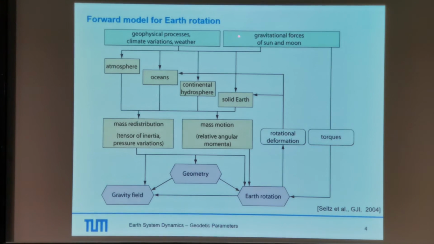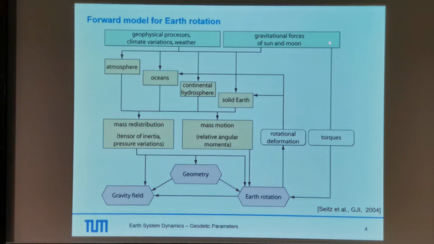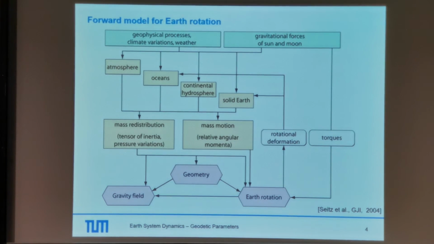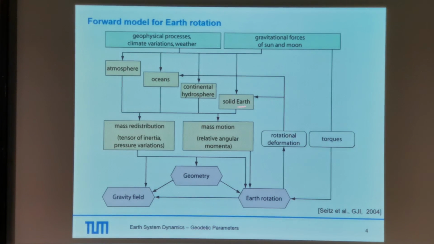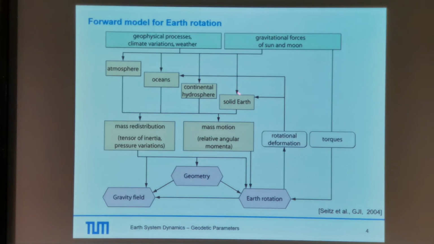But in addition to this, the gravitational forces directly also affect the Earth's rotation via these extraterrestrial torques. And the Earth's rotation has a so-called back coupling to the solid Earth and the oceans via this rotational deformation.